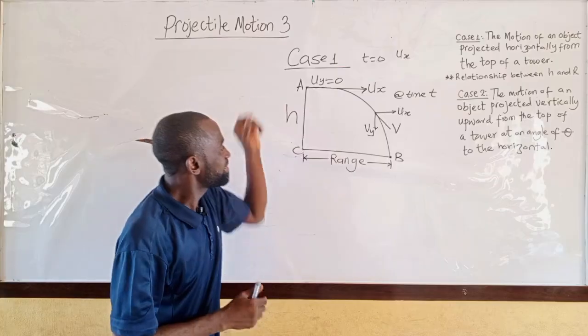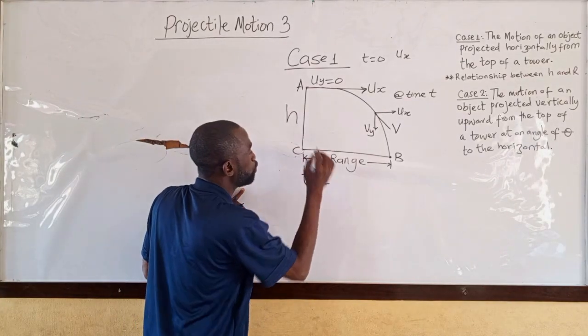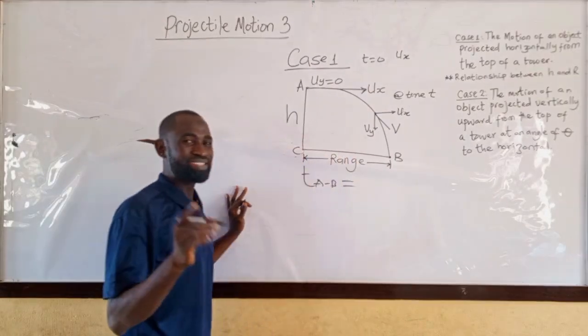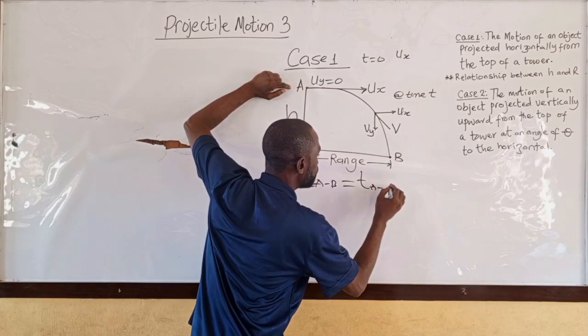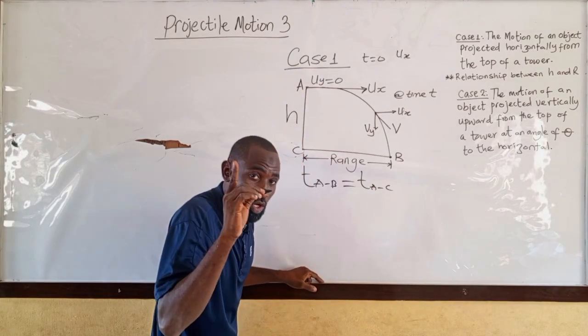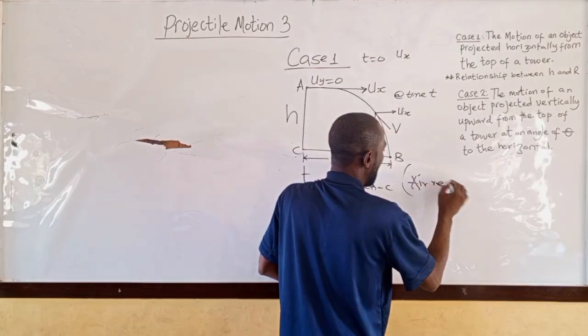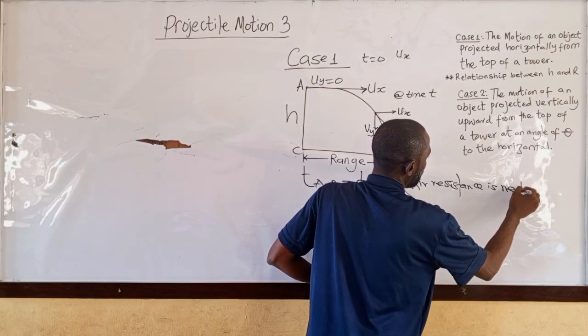I repeat, the time the body will take from A to B is the same as the time the body will take from A to C. What is the condition? Air resistance is negligible.